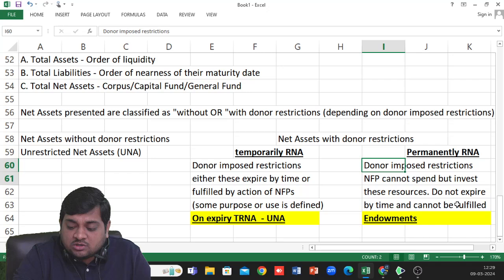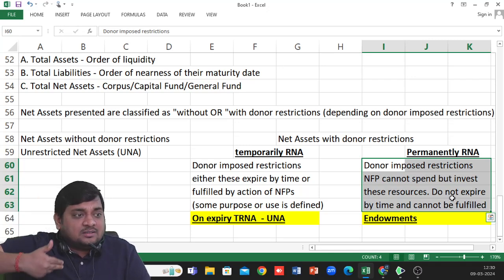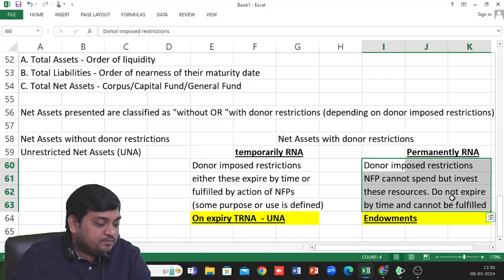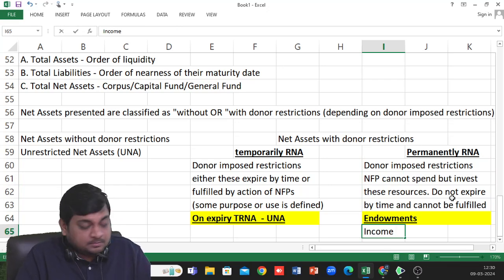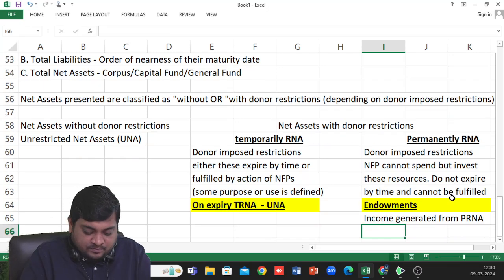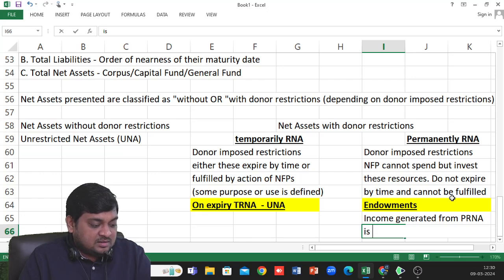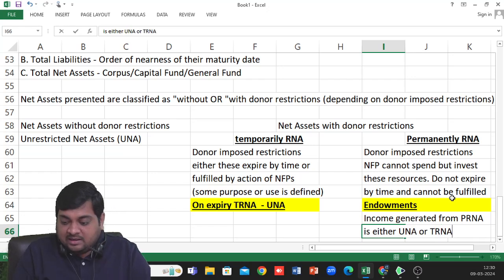The objective is not to use the money which I have given, rather you invest that, and every year when you get that interest, you can use it. So income generated from pRNA is either UNA or tRNA.